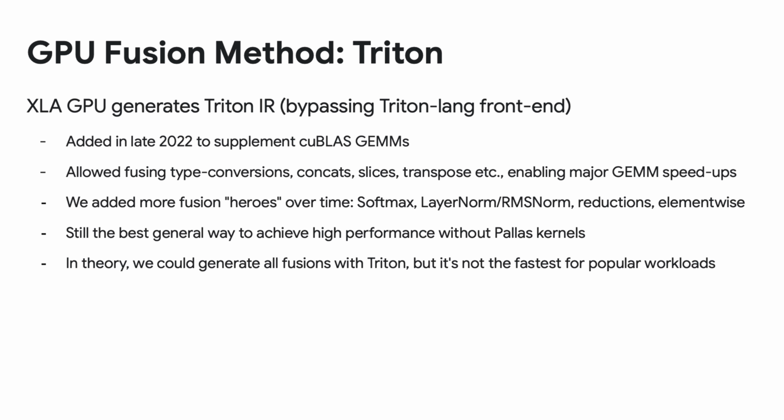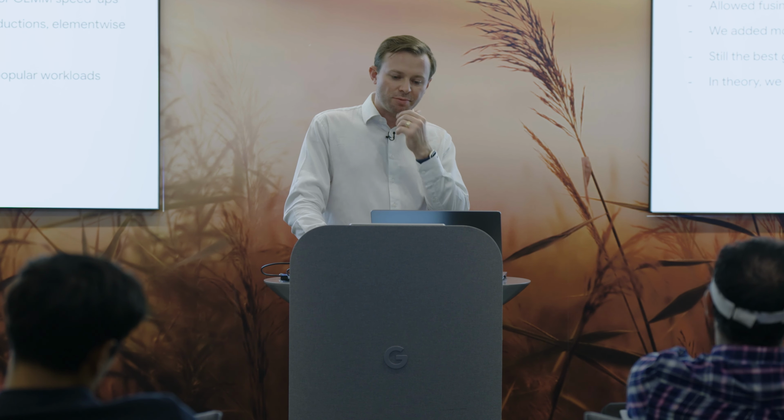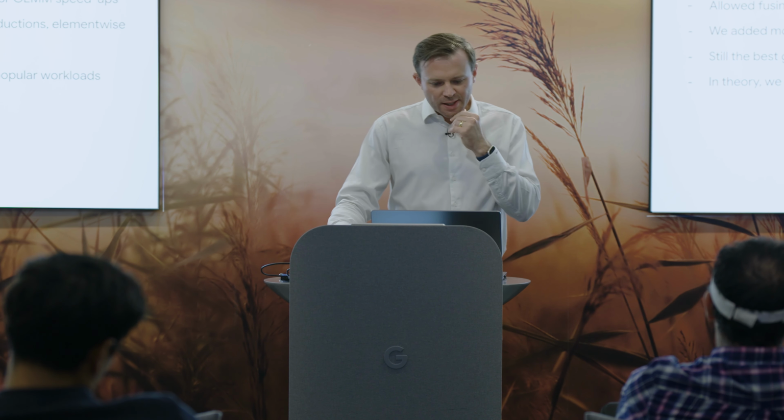It turns out we could fuse slices, concatenations, transposes, type conversions, of course, and a few other things onto both the inputs and in some cases the output. That has produced tremendous speedups on GPU, allowing some of our first-party workloads to get many times faster, I think 5.5 times faster was one achievement from a few years back.